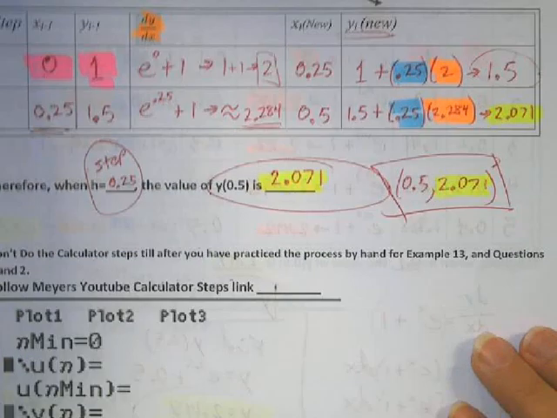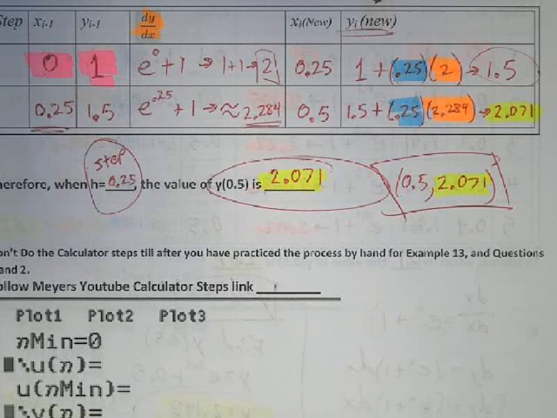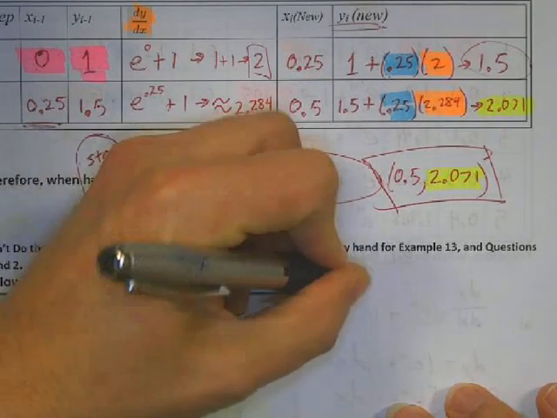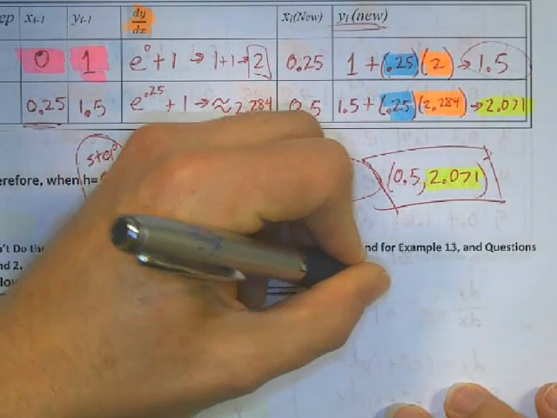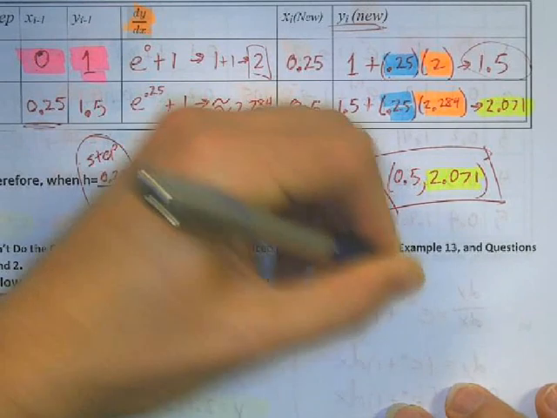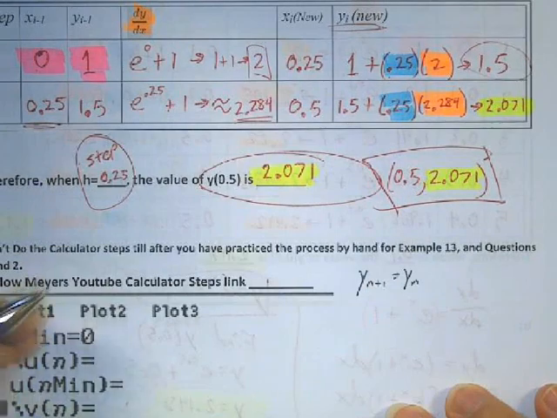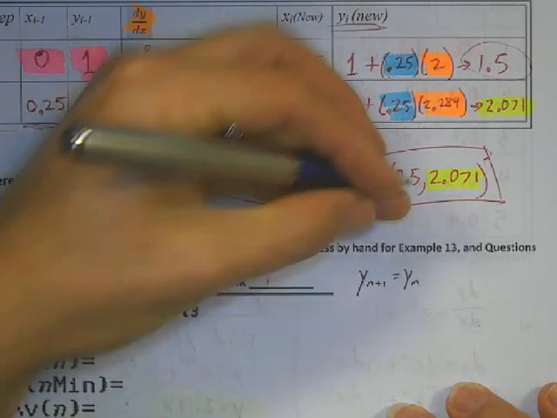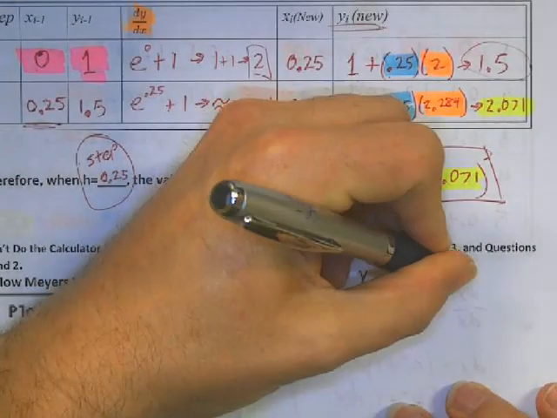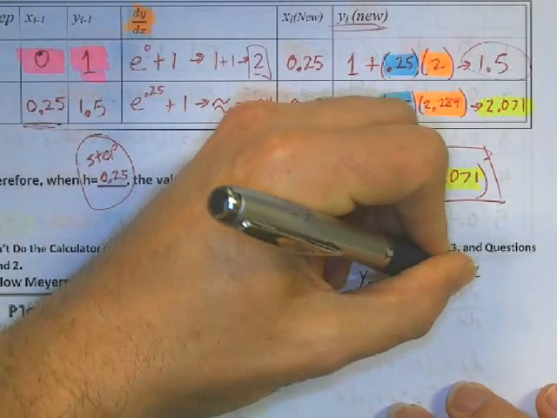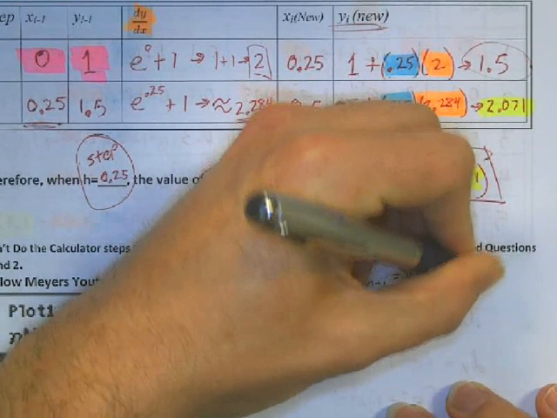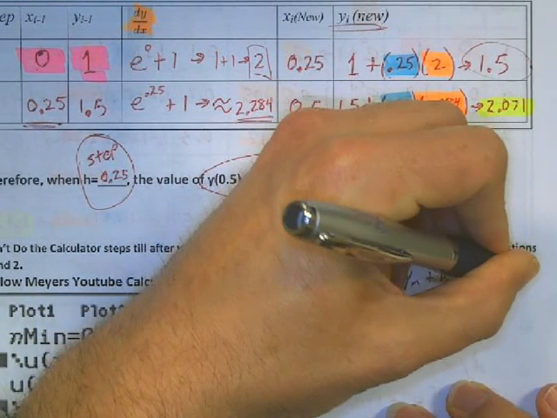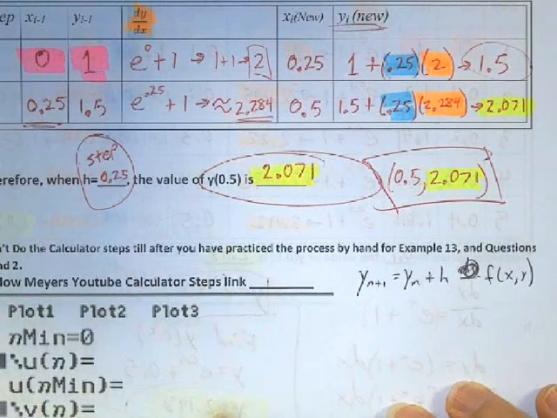Just like the formula packet says, we start off with y sub n plus 1 equals y sub n plus h, and then I'm writing it exactly, f of x, y. This is how it is from the formula packet.